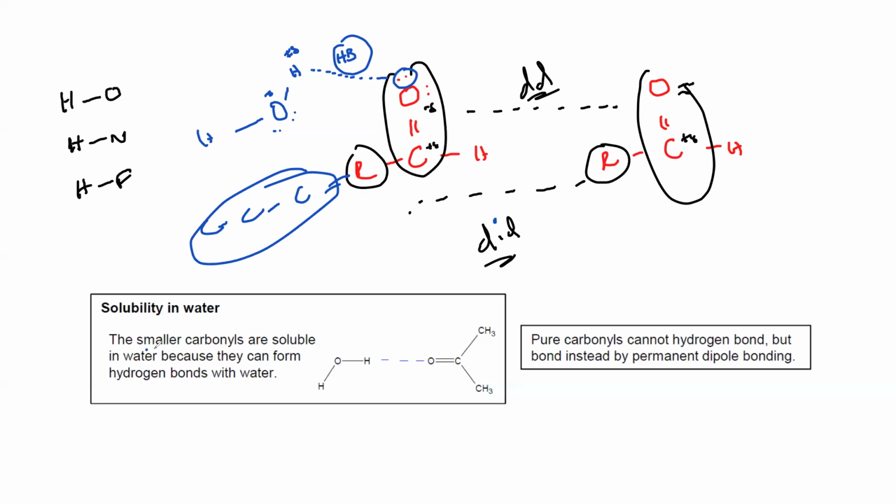So smaller carbonyl compounds are water soluble, but as the number of carbons increases, the solubility of these aldehydes and ketones will decrease. Is it clear? The concept of solubility of aldehydes and ketones? Okay.